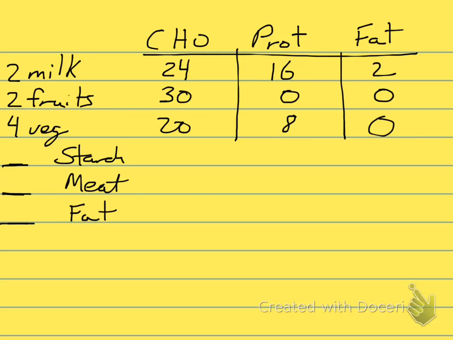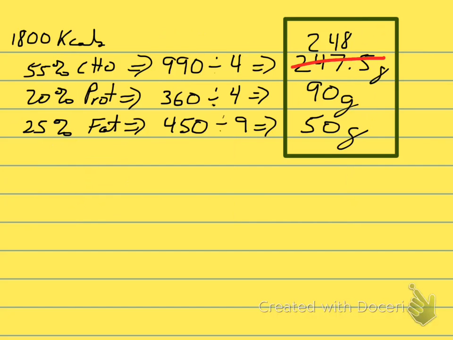Well, we'll start with the starch exchanges. And right off the bat, I know that I've already got 24 grams of carbohydrate and 30 grams of carbohydrate and 20 grams of carbohydrate already accounted for. My target, if you remember, I'm going to switch back over to my target rate, and that was 248 grams.